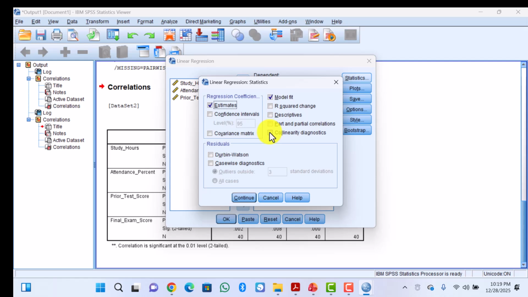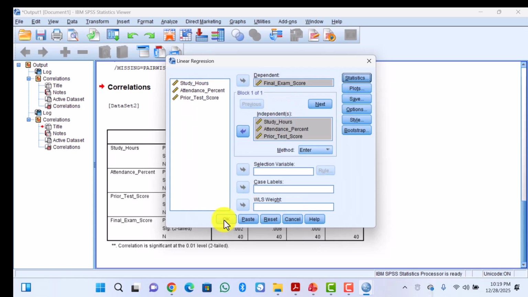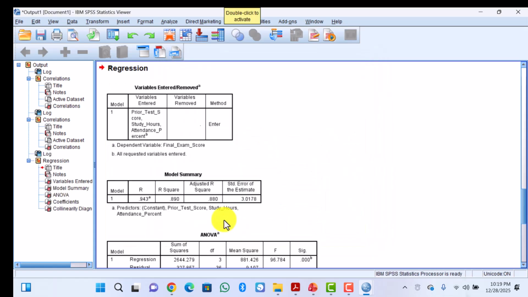We have the collinearity diagnostics. So you could check that and see whether you have the collinearity diagnostics. The confidence level is already pre-selected as 95%, and we want to check the model fit. So we just say okay, and let's see what we have.